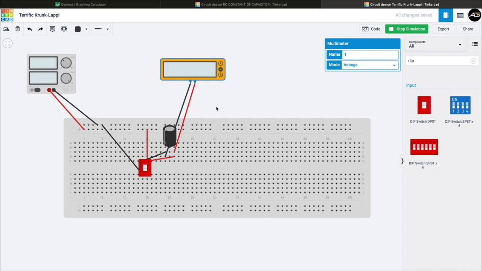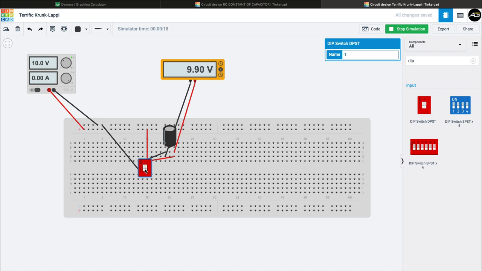We can start the simulation. Before I turn on the switch, you can see the reading. At the moment I turn on the switch, it will get 10.